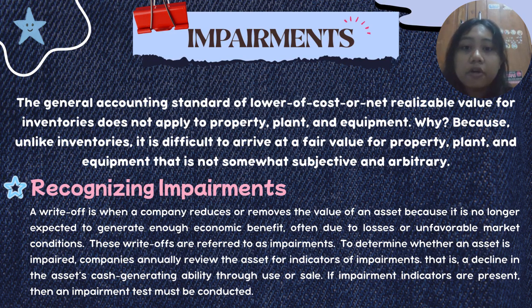These write-offs are referred to as impairments. To determine whether an asset is impaired, companies annually review the asset for indicators of impairment, that is, a decline in the asset's cash generating ability through use or sale. So, if impairment indicators are present, then an impairment test must be conducted.